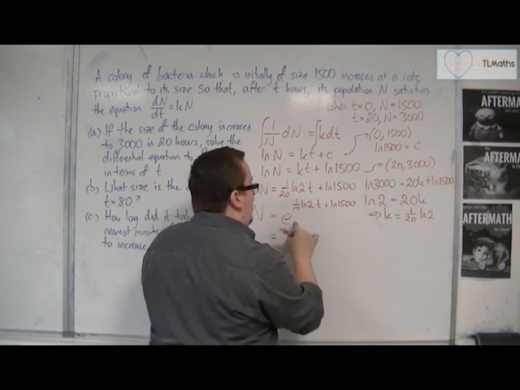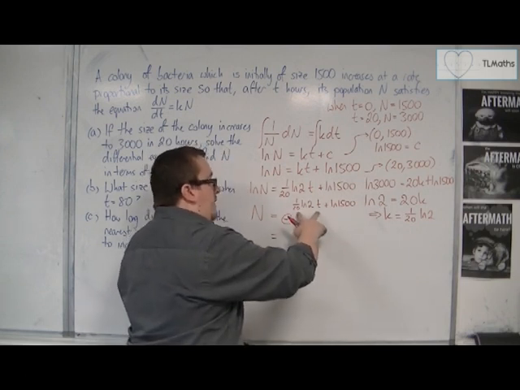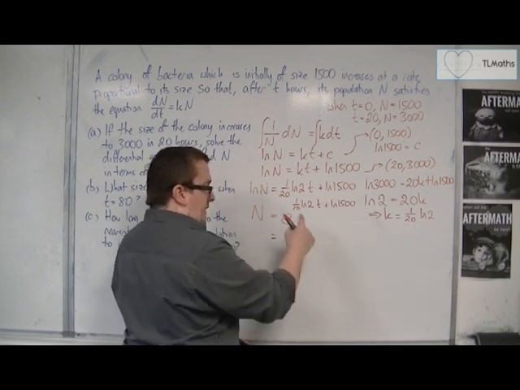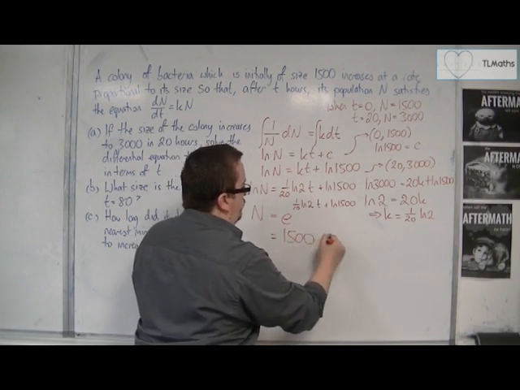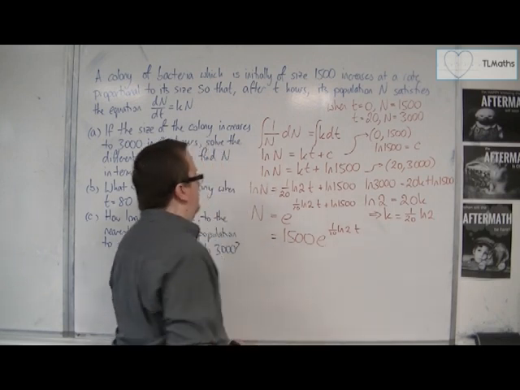But because we've got e of that plus log 1500, that's the same as e of this times e of log of 1500. The e and the log cancel, and so you can write that as 1500 e to the 1 over 20 log 2 t.